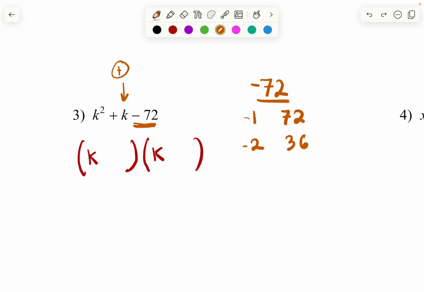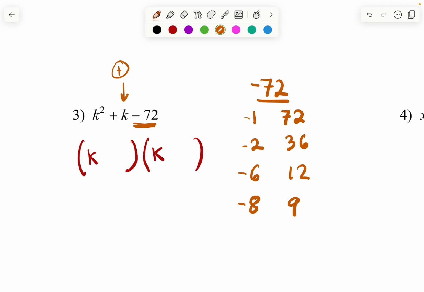So I would pick 6. What's 72 divided by 6? 6 times 12. That's closer, but adding these up would get you 6. It's not 1. So probably 8 times 9. Yeah, 8 times 9. I think that's the one.